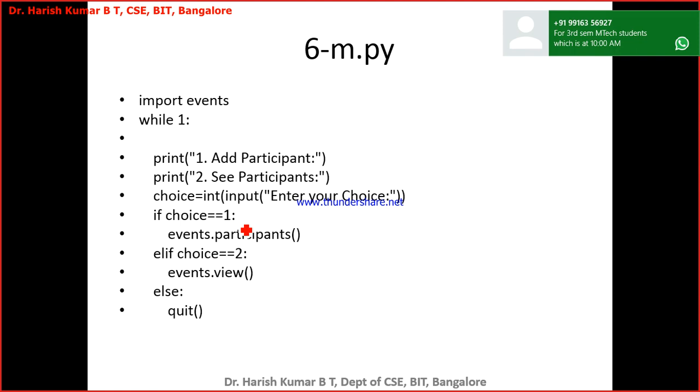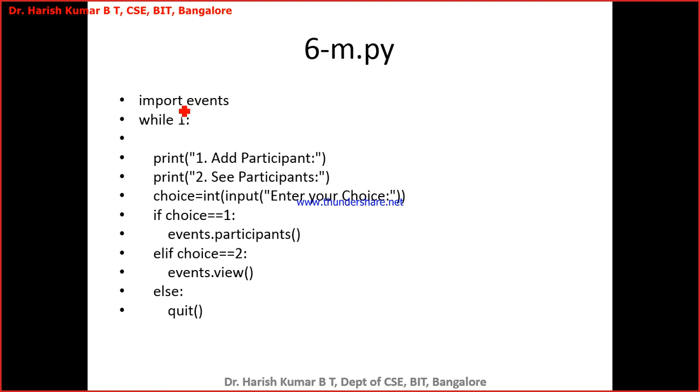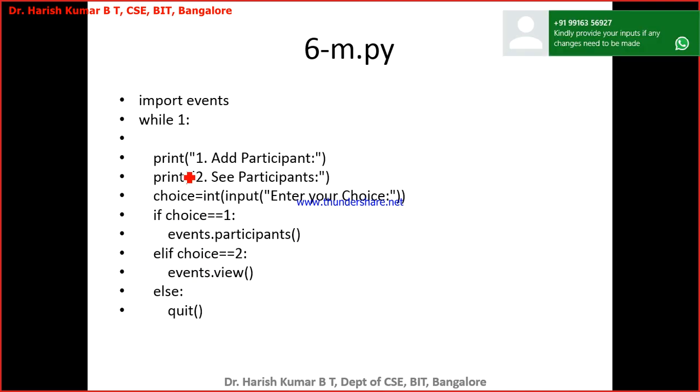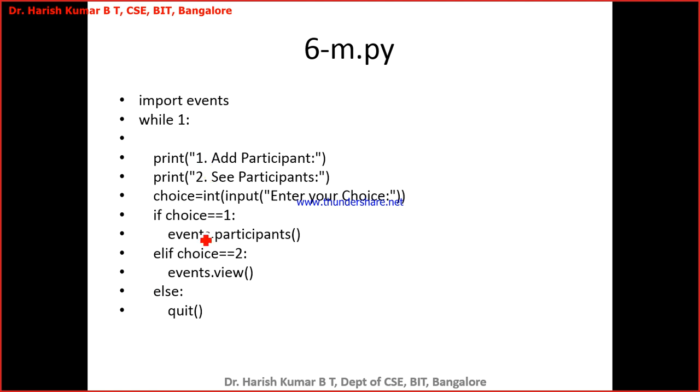If choice is equal to 1, I've got to invoke the execution of the function participants, which I've imported from the events module, events.participants. Elif my choice is 2, then events.view. Else, if I enter something else, then I quit.